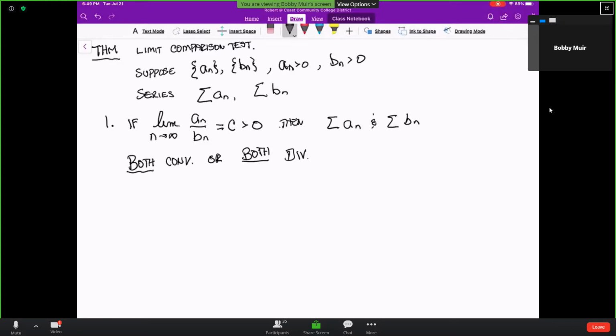Now we're going to pay for this result, and payment comes in the form of a proof. The other 2 are these.